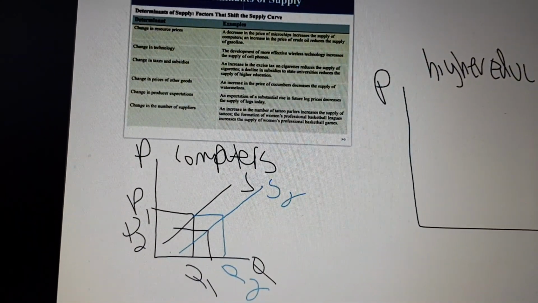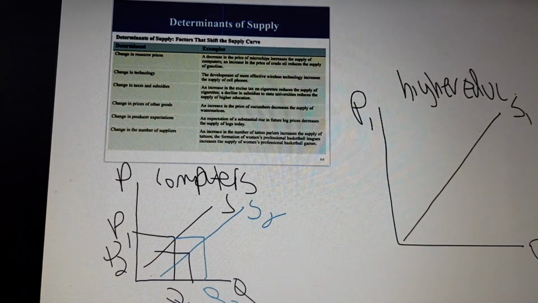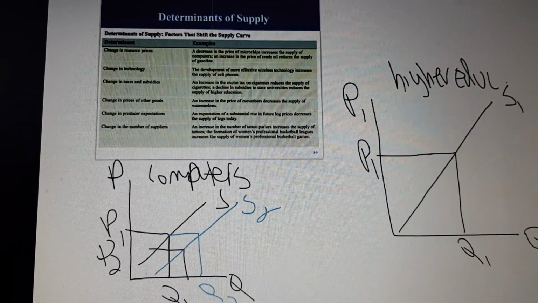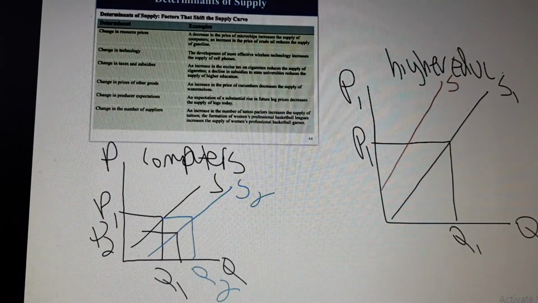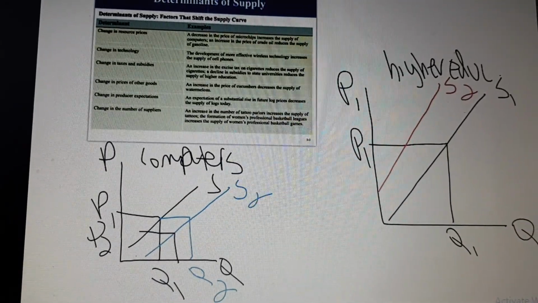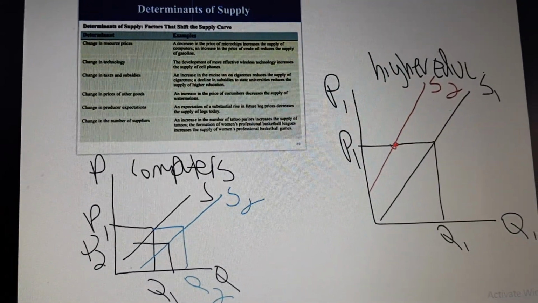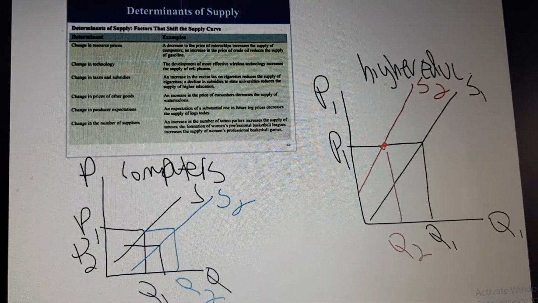And so if the subsidies were to be taken away or reduced, then fewer students will be demanding higher education, and so the supply of higher education decreases.